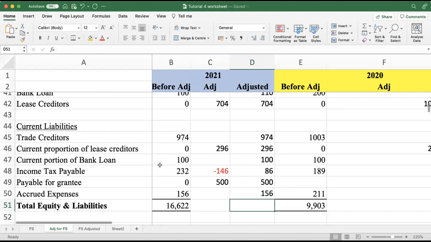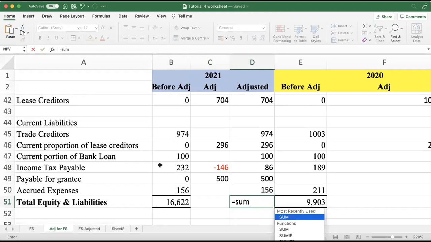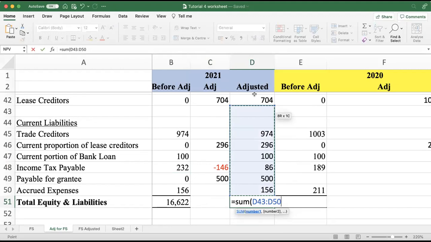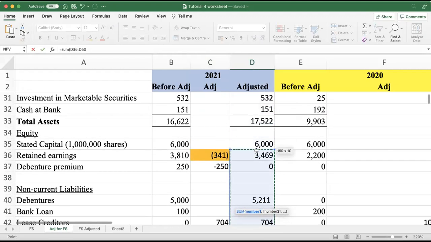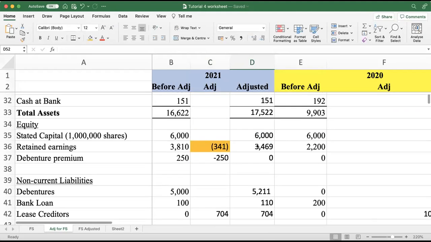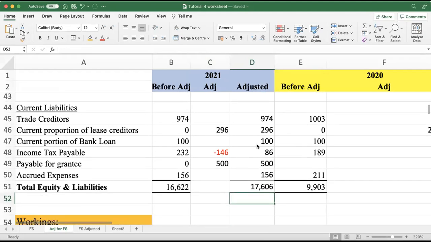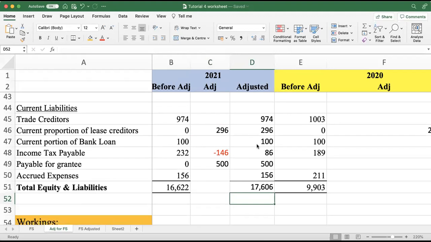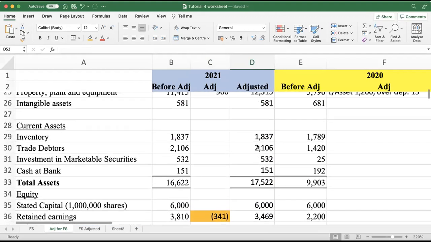Now you can take the total equity and liabilities. It's 17,606.